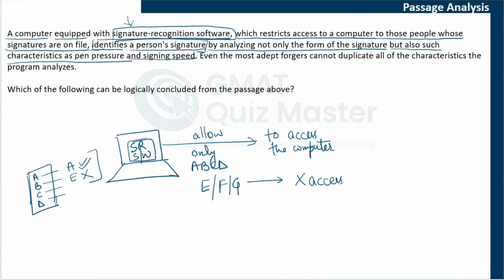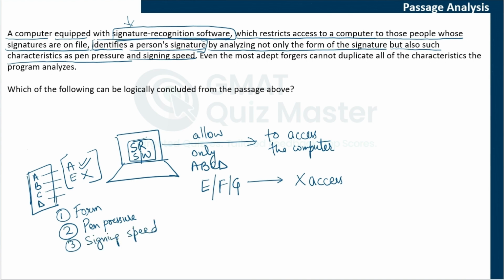Now, how this recognition process works is defined here. This software analyzes the form, that is, how the signature looks. That is one thing that it analyzes. Along with that, it also analyzes characteristics such as pen pressure and signing speed. These are the two given to us.